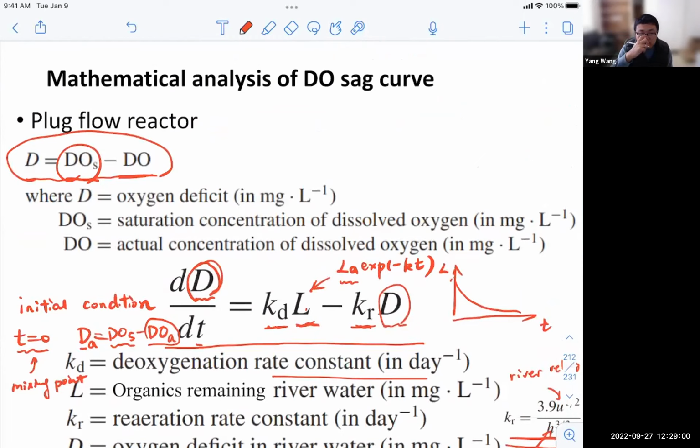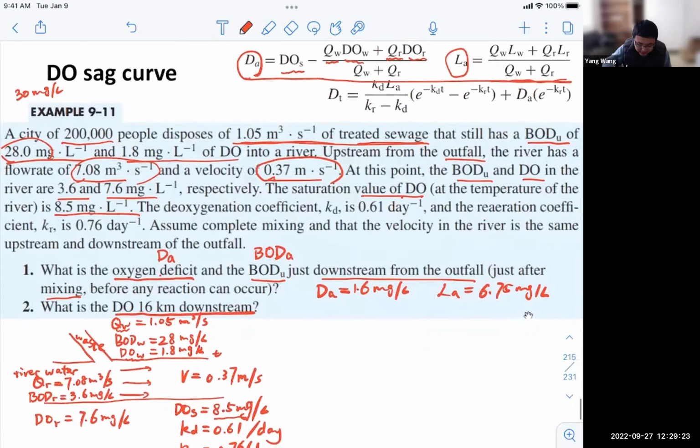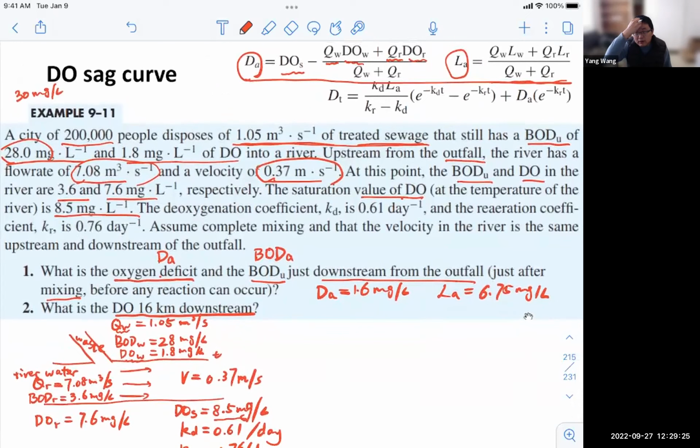In hotter environments, let's say 25 Celsius, this becomes 8. The deficit is how far the DO is from the saturation, so you take the difference between the saturation and the DO in the water. And the DOW and DOR correspond with the waste and the river. Makes sense.